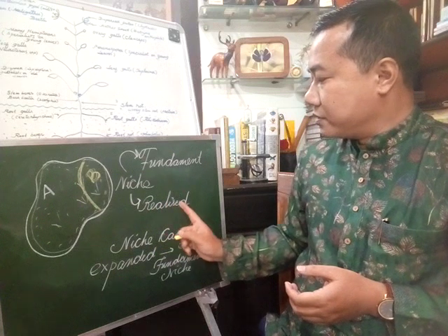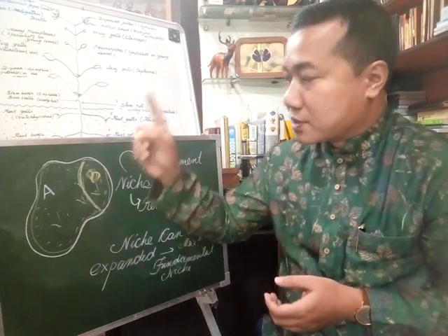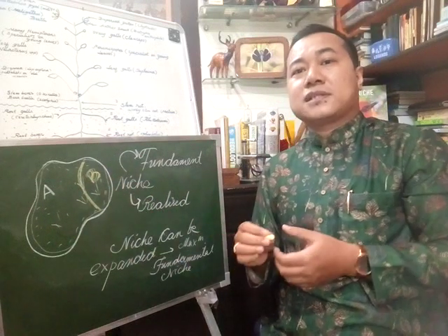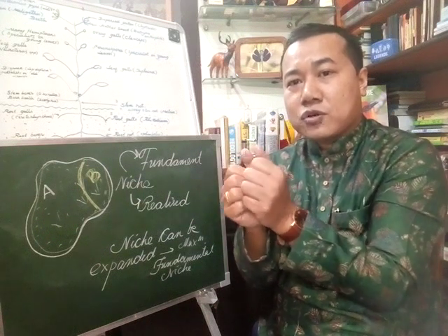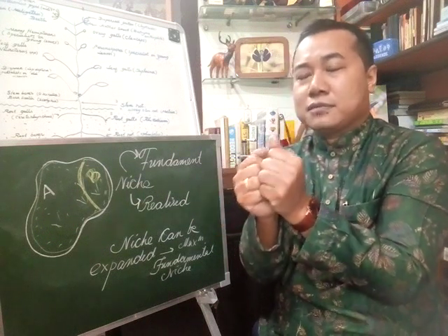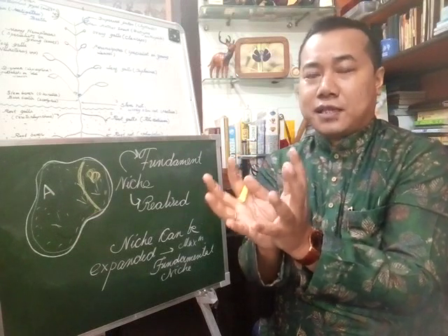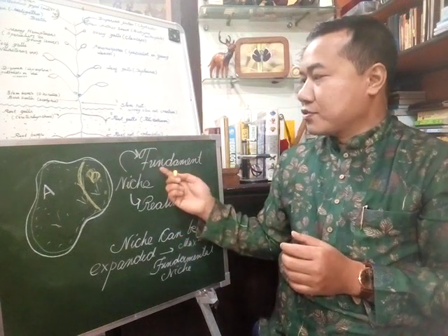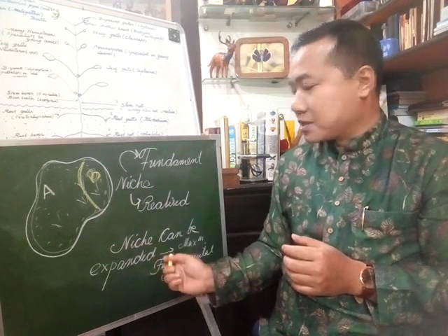But the realized niche, or the ecological niche, is the niche that A is occupying when B is present. So when competitors come into an ecosystem, the dimension of the niche of an organism is contracted. And when the other competitors are not there, the dimension of the niche can be expanded, right? The maximum expansion will take place till it reaches what we call the fundamental niche.